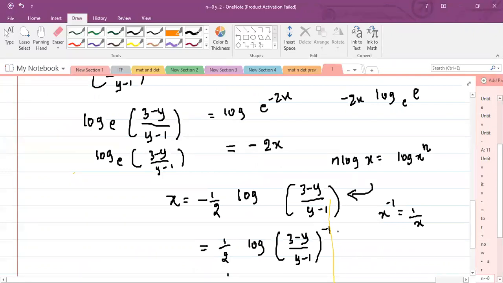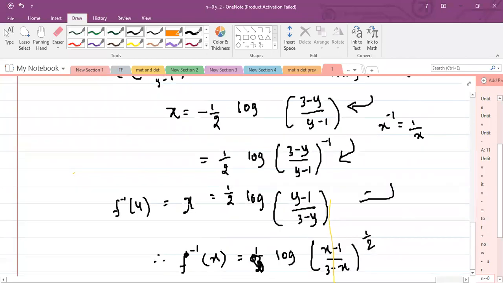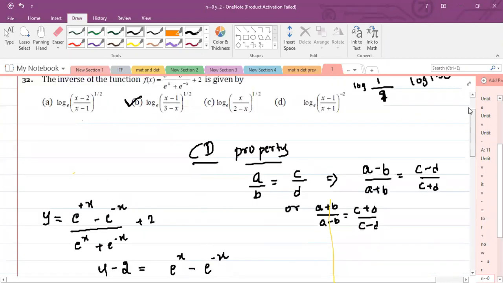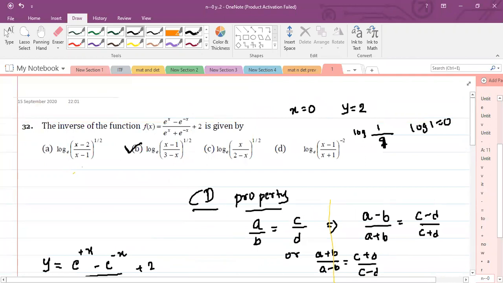But here I have written f inverse of y in terms of f inverse of x. So here you don't have y, but still it is input and output. This is input, this is output. In the option, this 2 will be the input, and the output will be 0 for option B itself. And no other options are giving that.